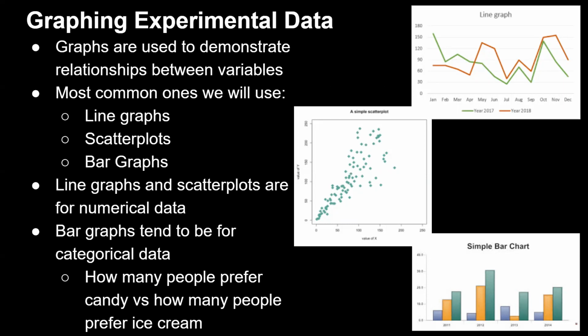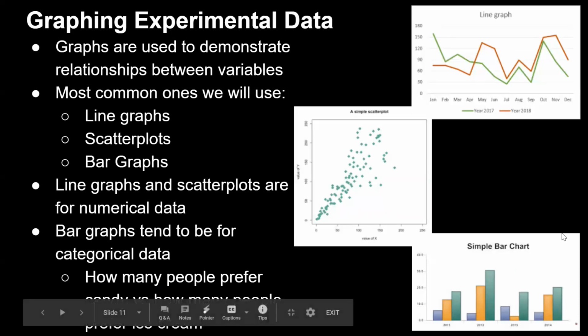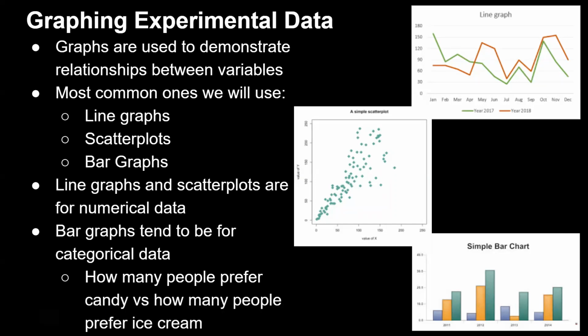So to give you an example, if I was measuring the weights of different lab mice, I would use a line graph for that. Like over time, if I wanted to see if a mouse got bigger, I would measure that data and I would showcase that data in a line graph or maybe a scatter plot. But that's not really going to make sense in a bar chart. You're not going to have 7 different bars saying how big a mouse was at any given time.